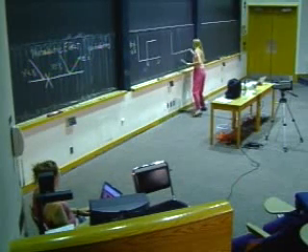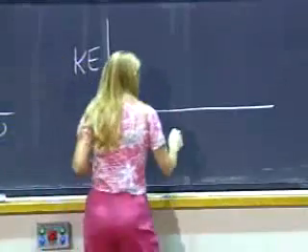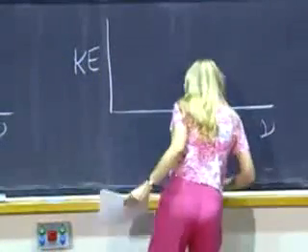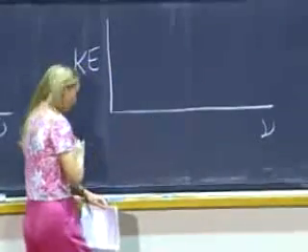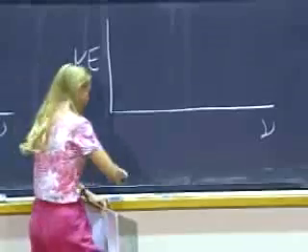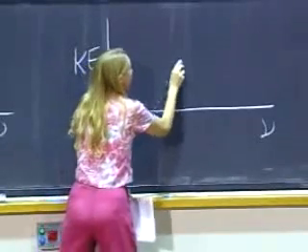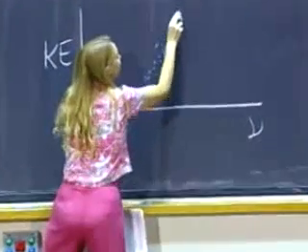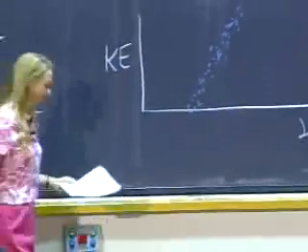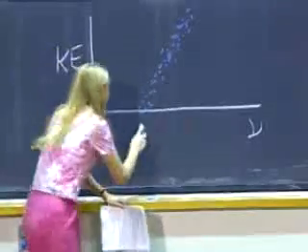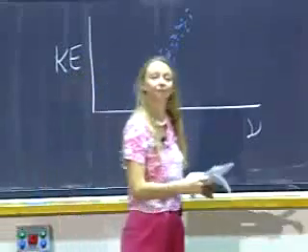So you take kinetic energy here, KE, as a function of the frequency. They found that at low frequency again, there's no kinetic energy because there are no electrons. And then at some frequency, all of a sudden electrons started coming off. And the kinetic energy of those electrons seemed to increase with the frequency once past that threshold frequency, nu naught.